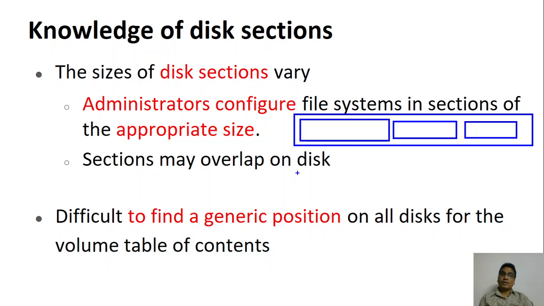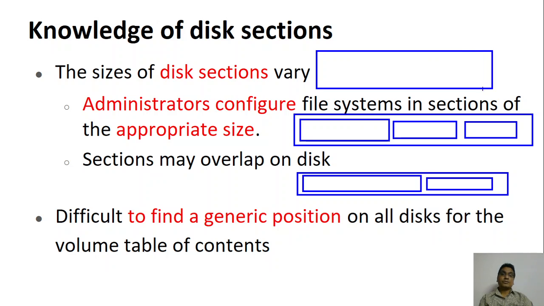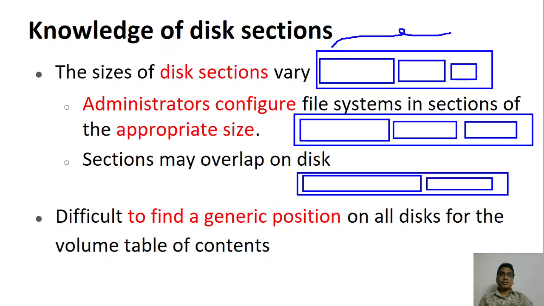If you buy your hard disk, you may get your first partition 200 GB, and your second partition 100 GB. Somebody else buys it, so they may start with the first partition 150, the next partition 100, and the last partition 50. So these partitions that we are talking about vary.